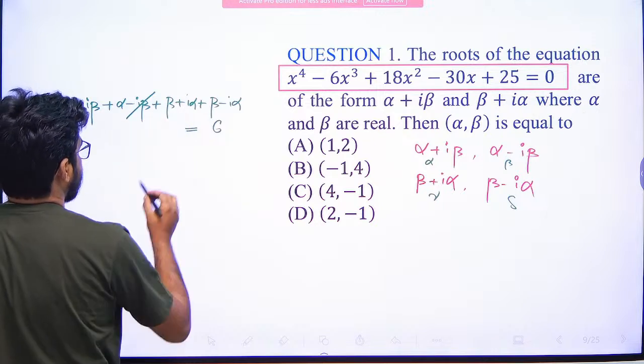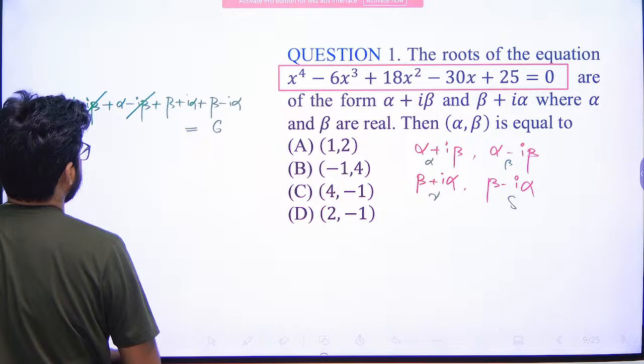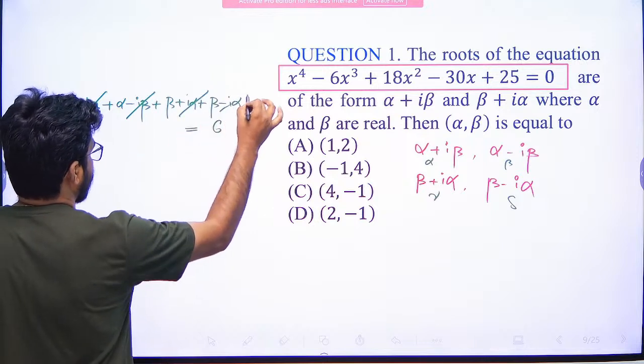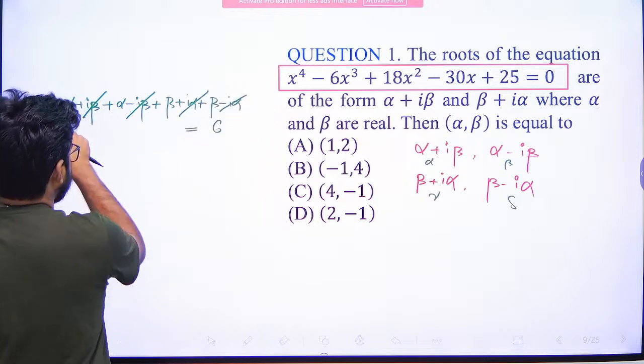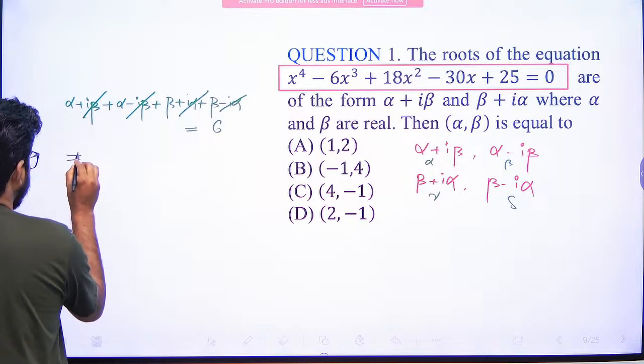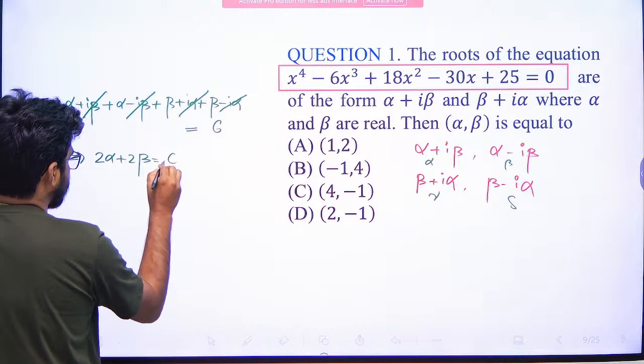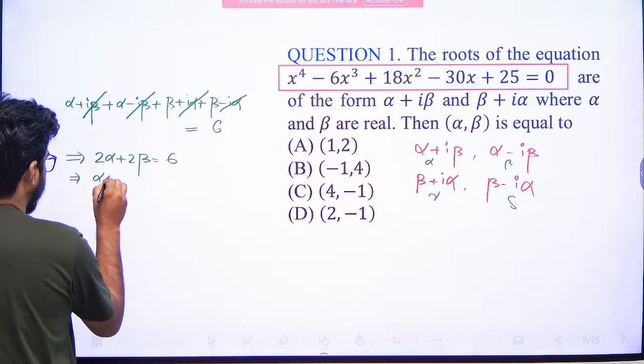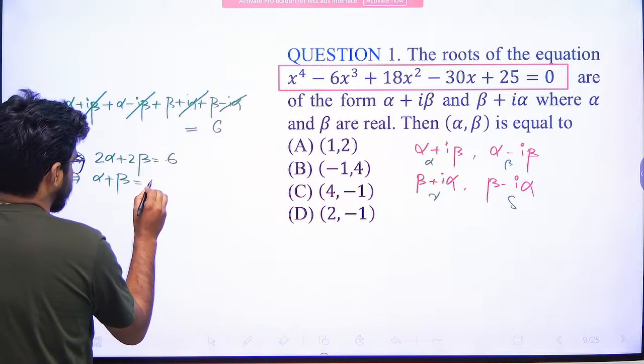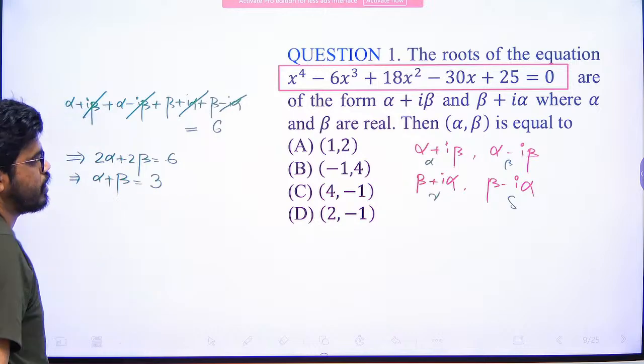Minus i beta plus i beta cancel, plus i alpha minus i alpha cancel, that means 2 alpha plus 2 beta is equal to 6. That means alpha plus beta is equal to 3.